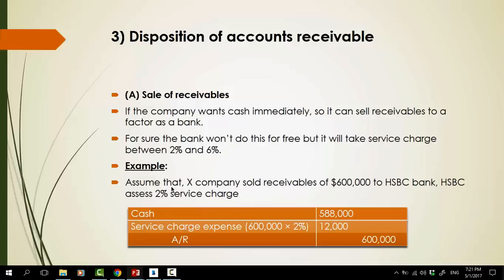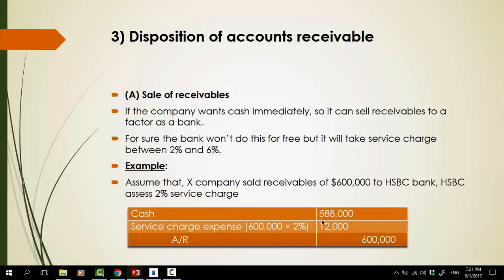Suppose this example, assume that X company sold accounts receivable of $600,000 to HSBC. Then I collect cash from selling the accounts receivable. Accounts receivable will decrease. How much cash do I collect? I will collect the cash after subtracting the service charge of 2% of 600,000, which is 12,000.